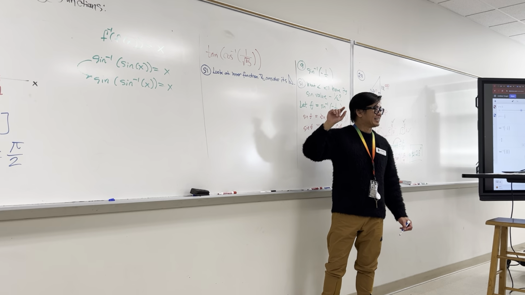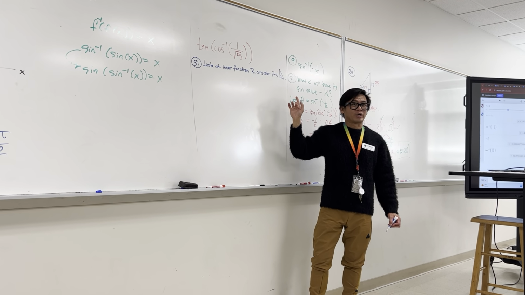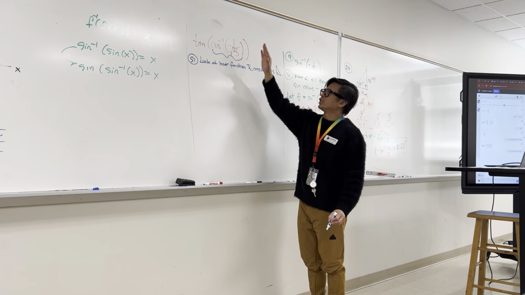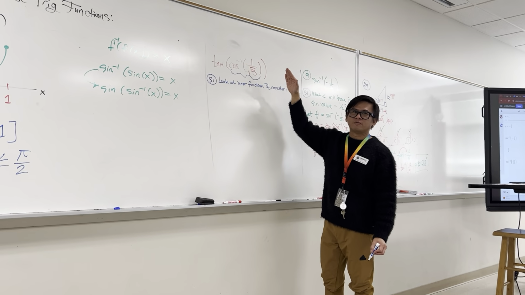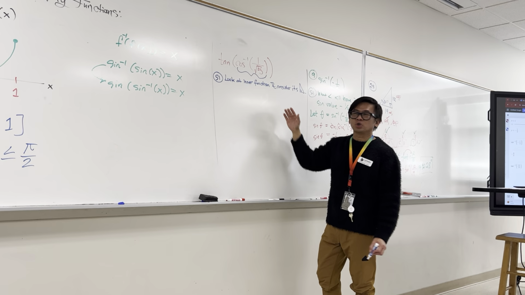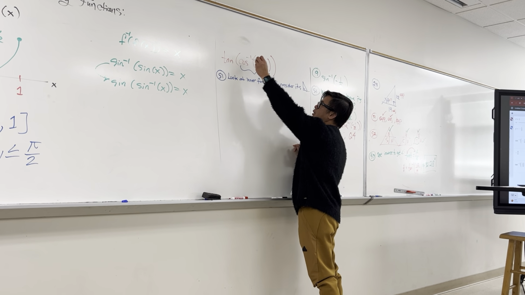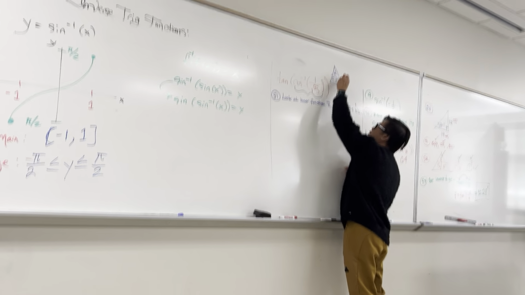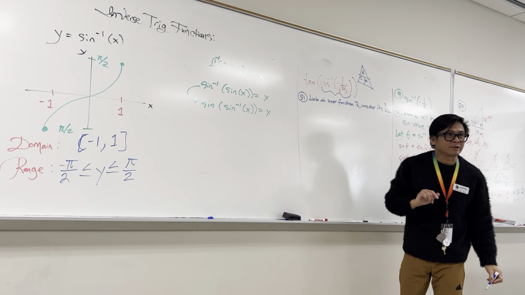Consider it a right triangle, all right? So we're going to consider this inner function. It says what? The cosine inverse of 1 over square root of 5, right? In short, what does it mean? We're using this triangle CAH because it's cosine, right?